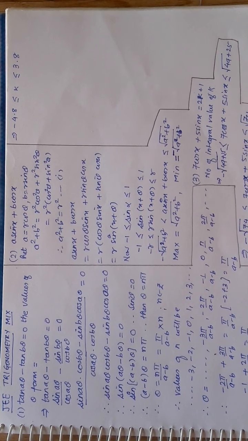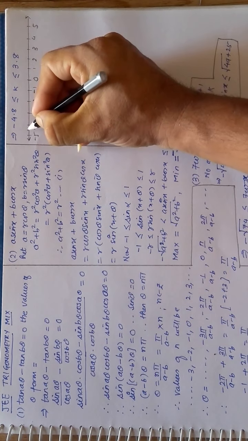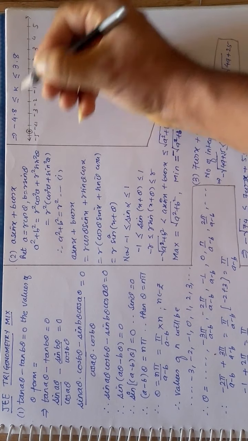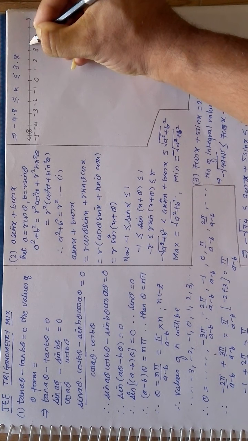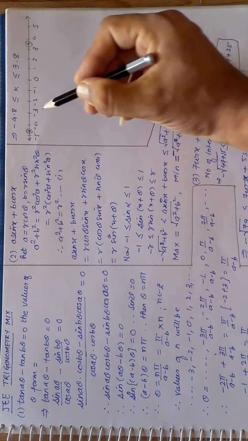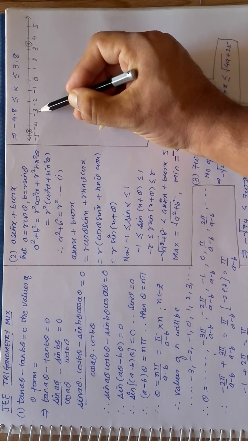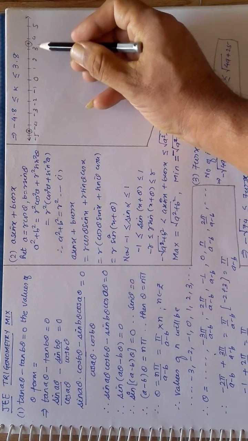Minus 4.8 is somewhere here, and 3.8 is somewhere here. Agreed? Between these, how many values are integers? The values are minus 4, minus 3, minus 2, minus 1, 0, 1, 2 and 3.